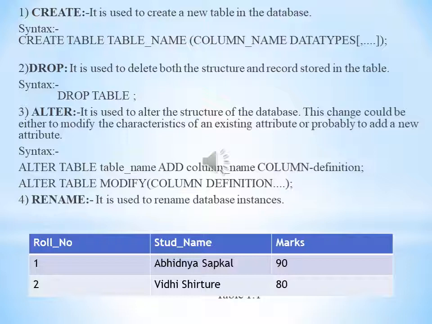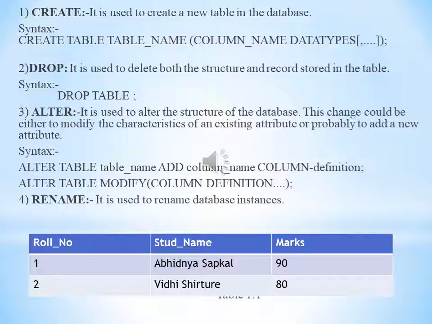And the syntax of the alter table: you have to give the table name first, which is student, and then add the column name. The table shows the roll numbers 1 and 2, and the two student names entered here, Abhinay Sapran and Vidhi Shirture, as well as the marks in this student table.